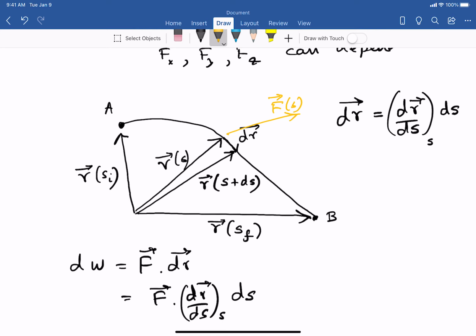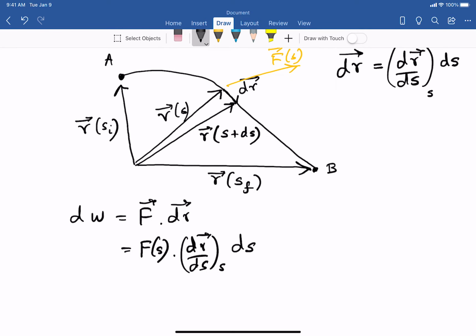So that's how we did F dot dr, force times displacement, dot product of force and displacement. So strictly speaking, I should write this F as F at the parameter s. So that is the work done over an infinitesimal displacement.